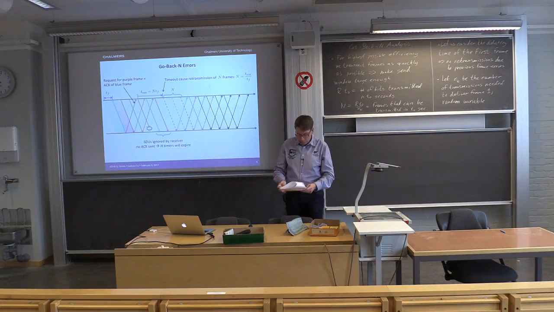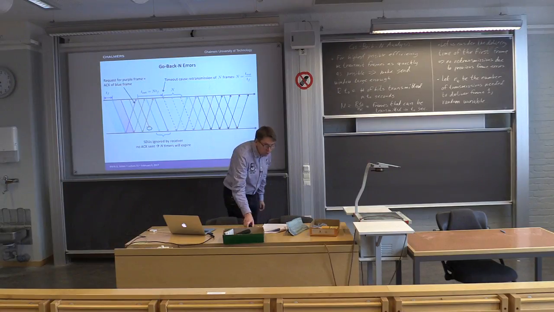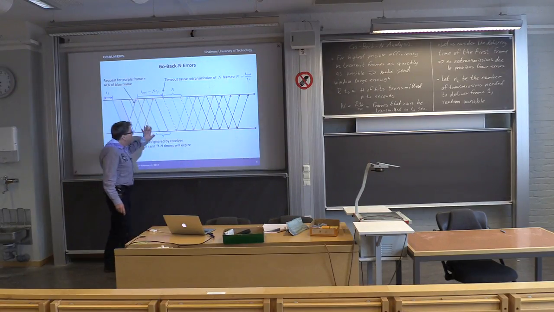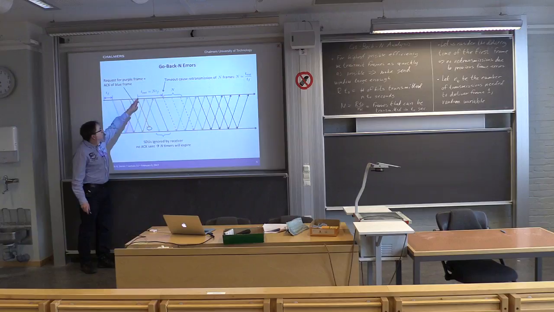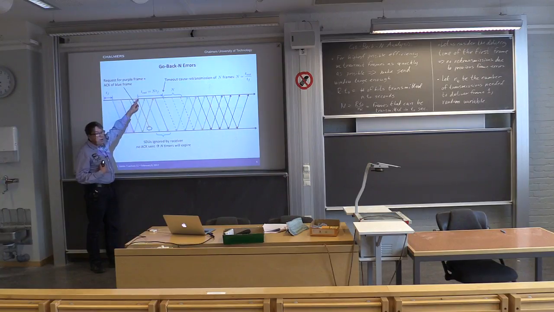Okay, so just as an example, if we consider the transmission of the orange frame here, everything went well in the future. So we can think of this actually as the first frame, if we like. Its transmission will not be affected by any errors that were before it, because there were no errors. So how many transmissions do we need of the orange frame in order to deliver it here?